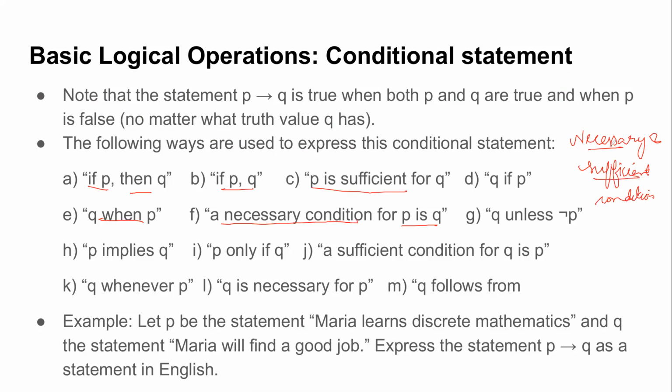Let's try to understand what we mean by necessary and sufficient condition. When I say P implies Q, P is a sufficient condition for Q. That means if P holds, then we can make a decision about Q. Similarly, the vice versa is true: Q is a necessary condition for P. So if you have to remember the relation between P and Q, then P is a sufficient condition for Q, and the opposite one is its necessary condition.